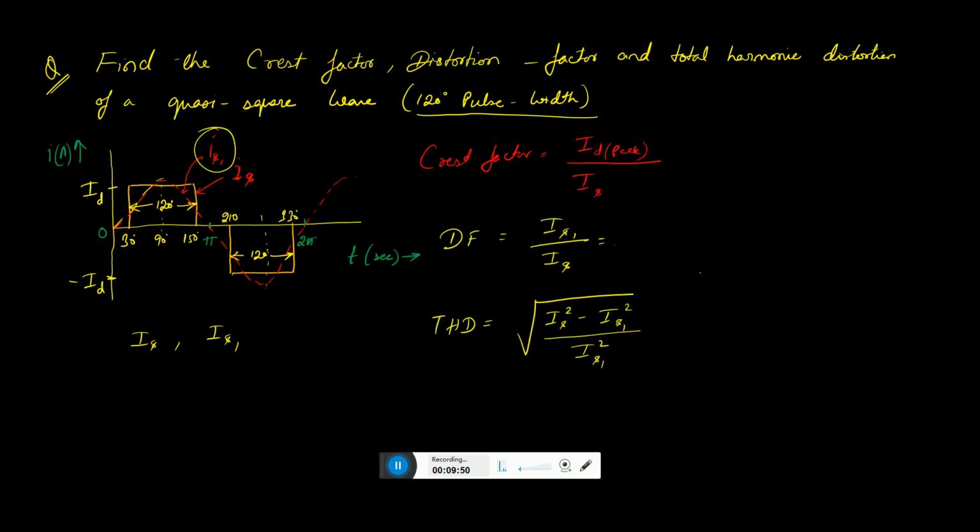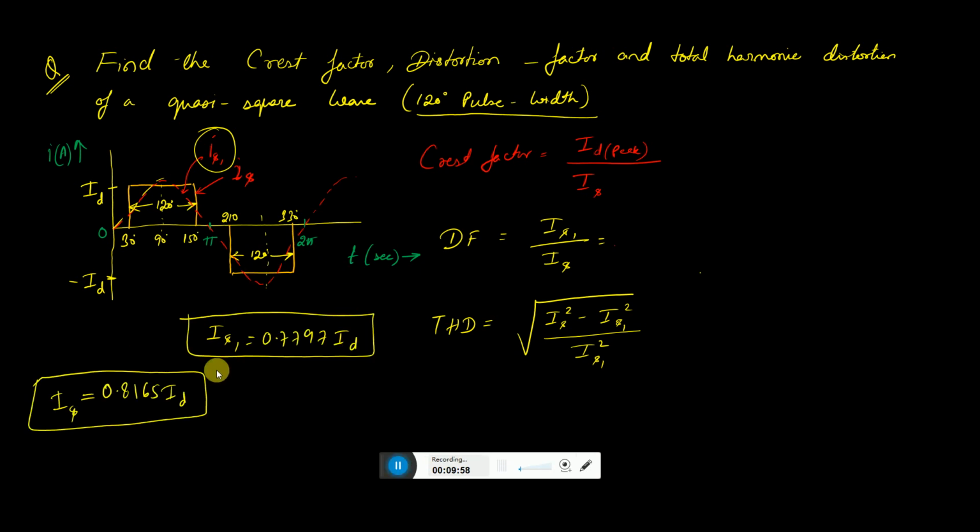So when we use these two to substitute the values over here, let me write the value of IS and IS1 over here. So these values are there, IS and IS1. So here we can find the value of crest factor, Id by IS, which is 1.2247, since IS is 0.8165 Id.